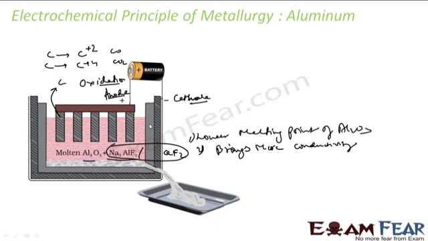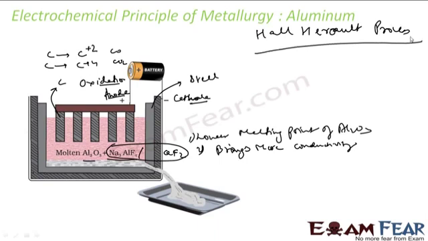Similarly, the cathode is typically steel, and the whole process is called the Hall-Héroult process. In this process, this is my Al2O3.